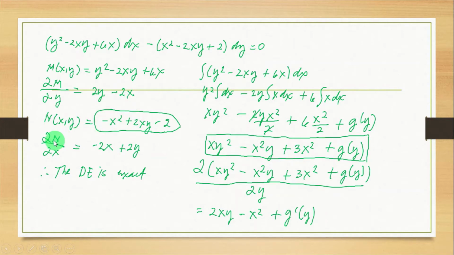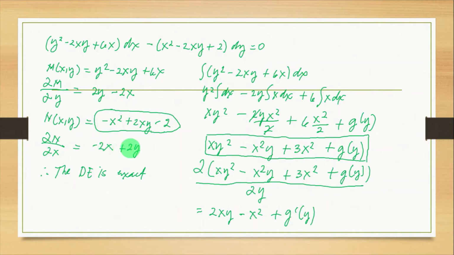Now, let's proceed to the other function, that is N of x and y. So N of x and y here is negative x squared plus 2xy minus 2. We need to solve the partial derivative of N with respect to x. This is how we are testing the exactness of the differential equation. So the partial derivative of negative x squared is negative 2x.